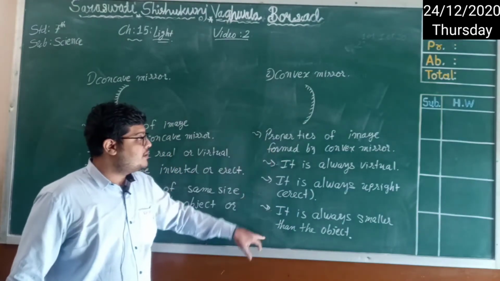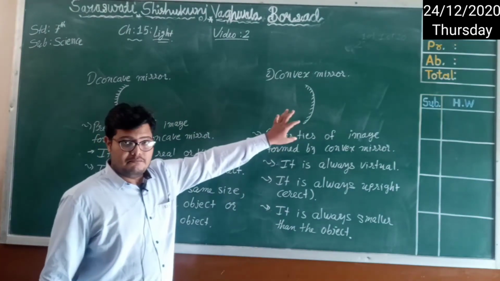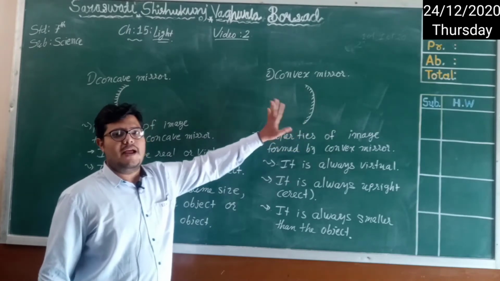So these are the properties of the image formed by a convex mirror.